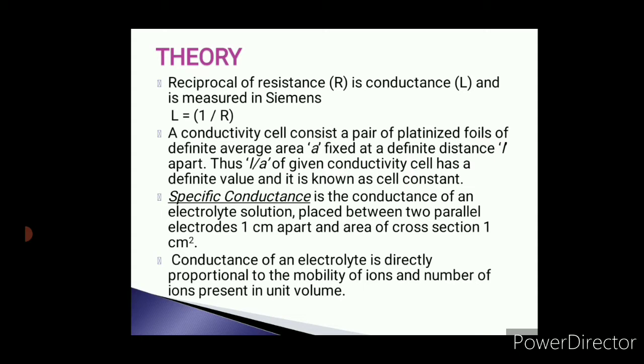Conductance is nothing but a measure of the mobility of ions in any electrolyte, any sample for that matter. If you take the example of acids and bases, in acids there are strong acids and weak acids. When we compare the conductance, weak acids will have low conductance compared to strong acids.